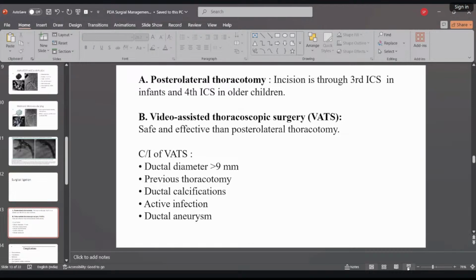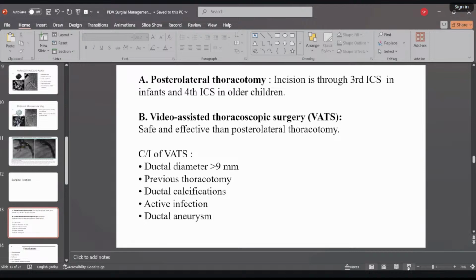Next is surgical ligation. We can do it in 2 ways. A is posterolateral thoracotomy, where the incision is taken through the 3rd intercostal space in infants and the 4th intercostal space in older children. B is video assisted thoracoscopic surgery, which is safe and more effective than posterolateral thoracotomy.